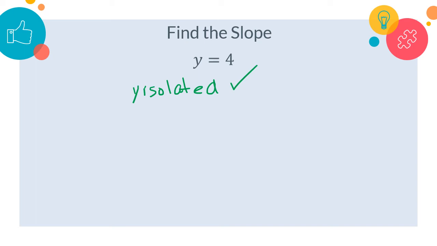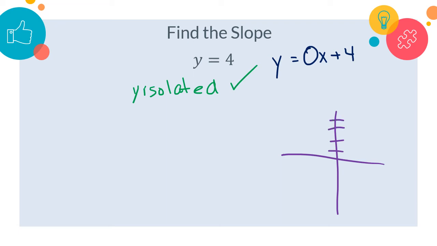Two ways to think about this. First of all, you could think of this equation as y equals what times x plus 4? What would make the x go away? What can I multiply by that makes it go away? A 0. Or another way to look at it could be, I'm a visual learner, so for me a graph.